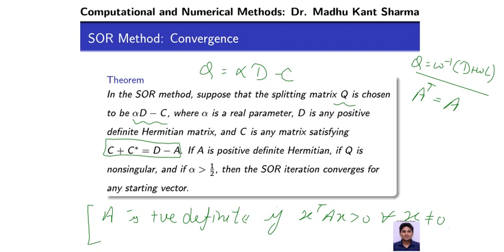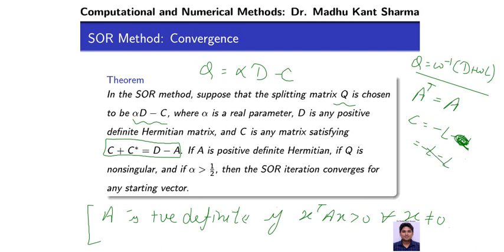Okay, so here what is required now is, what C is here is minus L minus U. Okay, C is equal to minus L. Since A is symmetric, U is nothing but L transpose.